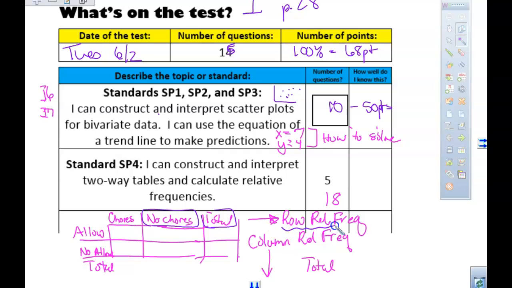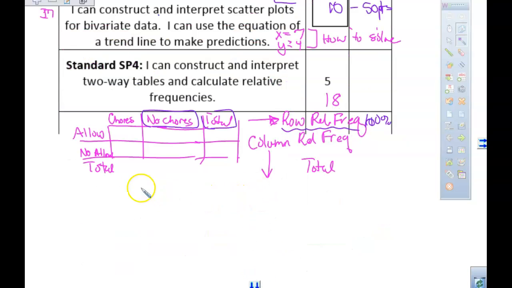You need to make sure from our project on I-4 that you know row relative frequency means that at the end of each row, you're going to have 100%. If you're doing column relative frequency, that means that as I look at the bottom of every single column down here, I would have 100% all the way across, whereas the row relative frequency gives me all of these numbers in the back would have been 100%.